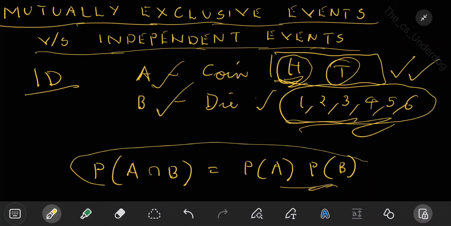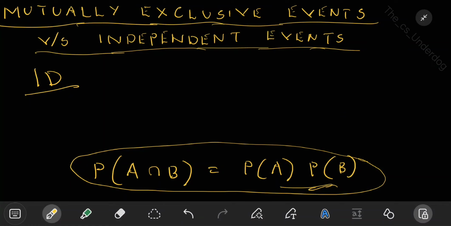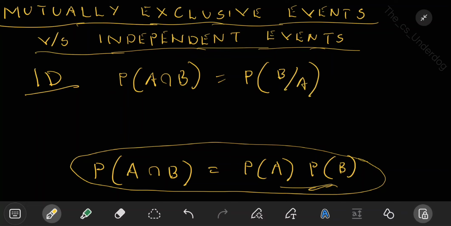And how is this result true? That is, how is probability of A intersection B same as P of A into P of B? We had previously seen that P of A intersection B can be written as probability of B given A into P of A, right?